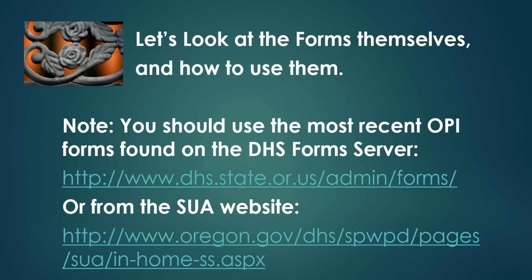And we've given you link addresses to both of those locations so that you can find the forms. Something that you probably shouldn't do is just keep forms on file, paper forms that you've downloaded once, and then use those for years and years, because forms do change, and it's important to look at the date at the bottom of your form to make sure that it's the most up-to-date form that you're using.